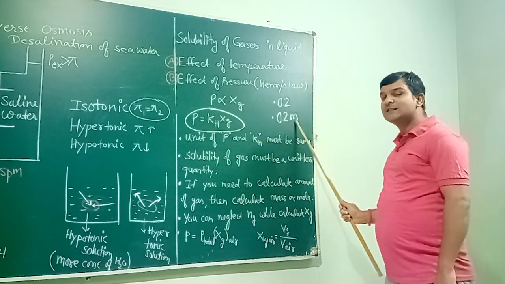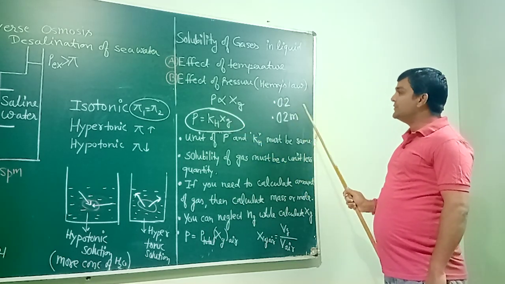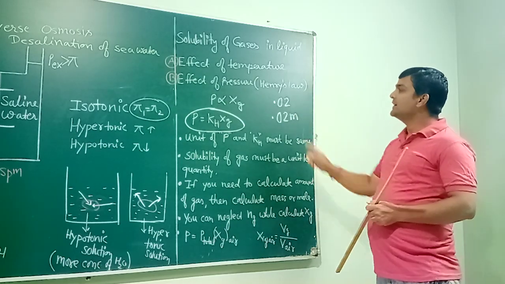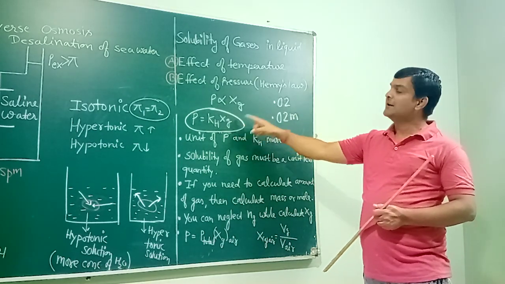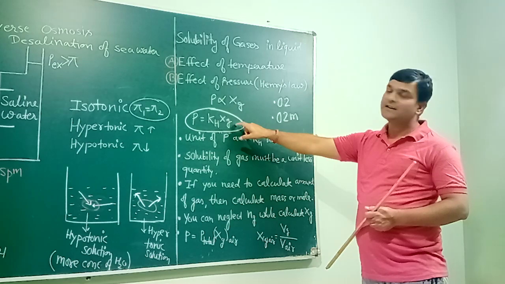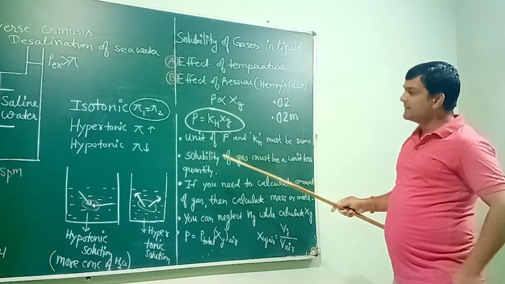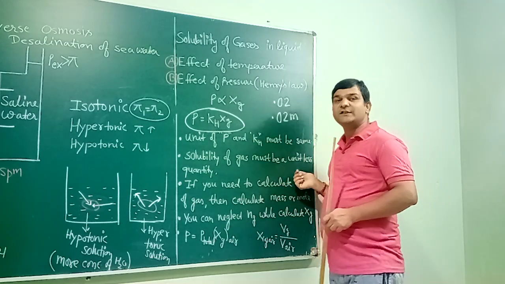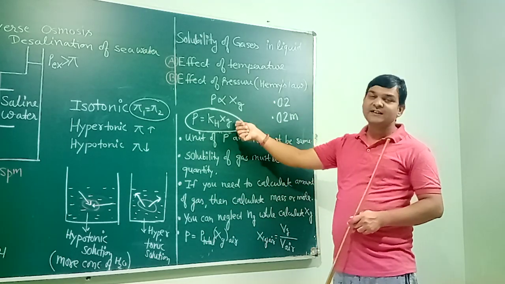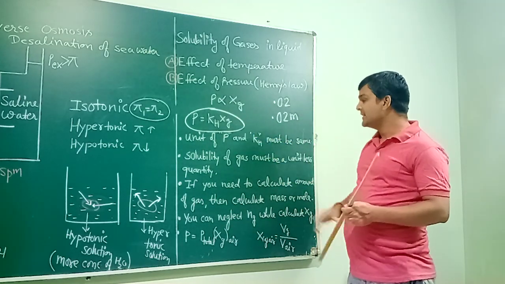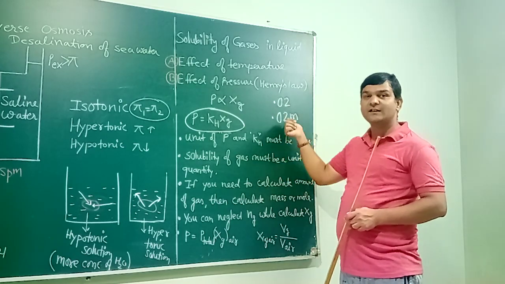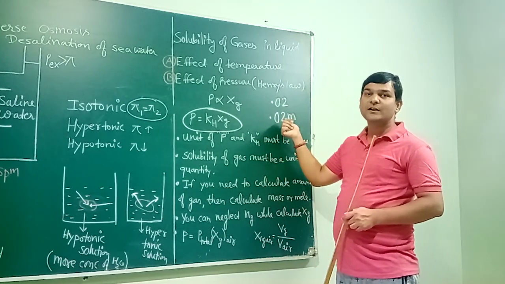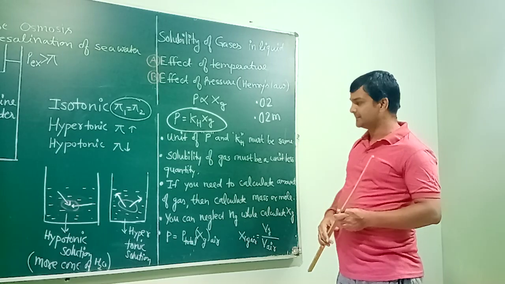But here you are given small m, molality. You need to convert this molality into mole fraction before you use this number in the calculation. So I repeat, the solubility of gas must be a unitless quantity because Xg is a unitless quantity. If it is not unitless, like here, then you need to convert molality into mole fraction.